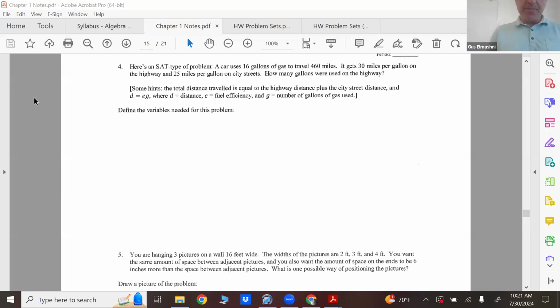So here's what I'm gonna do. X will equal the number of gallons. I think this is kind of lame. I don't like it. I'm just gonna get rid of it.